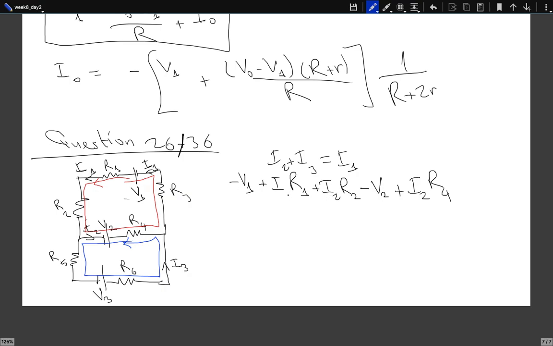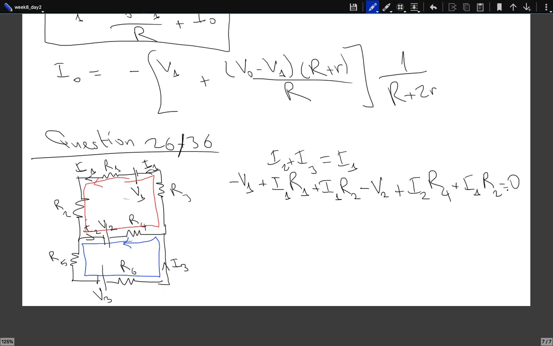So these are all I1. This is I2. So here, I1 R3. This should be 0. So this is my second equation.